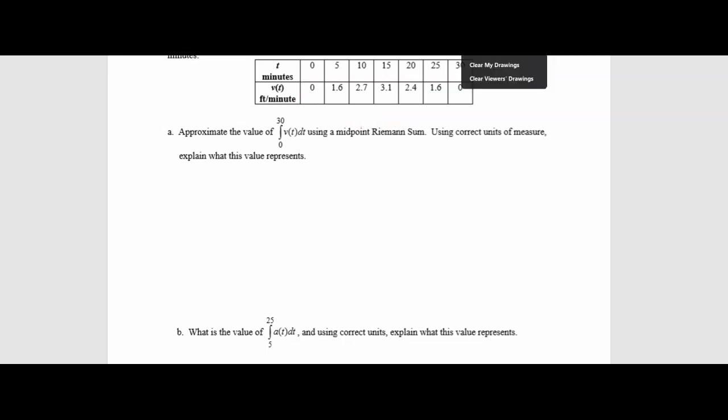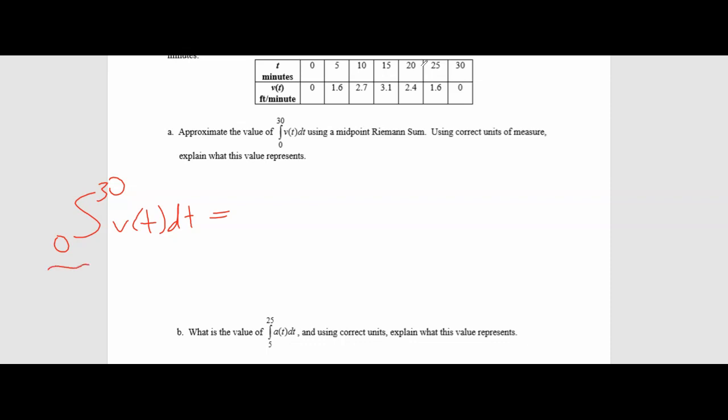Now, let's really quick think about, again, the units for this. How do we figure out the units for what our answer to these integrals are going to be? Well, let's go back and think about part A. I have the integral 0 to 30 of v of t dt. The units for this answer were the units of the position function, because to evaluate this, we're taking the antiderivative of v of t.